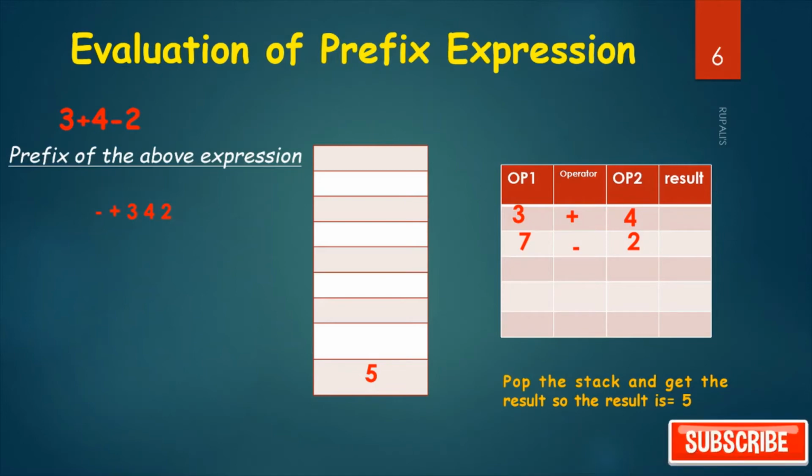In case of prefix evaluation you start scanning from the right hand side. And when we pop elements from the stack, in postfix evaluation the first popped element is OP2 and the second popped element is OP1. But in prefix evaluation, the first popped element is OP1 and the second popped element is OP2. So these are the differences between evaluation of prefix and postfix expression.